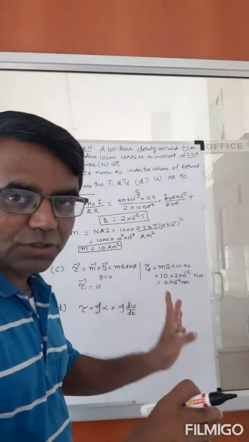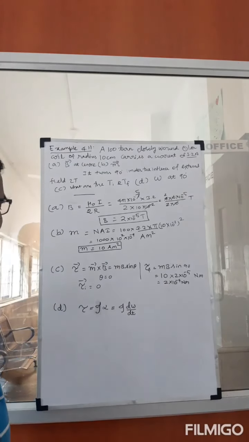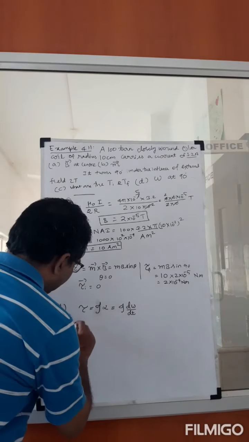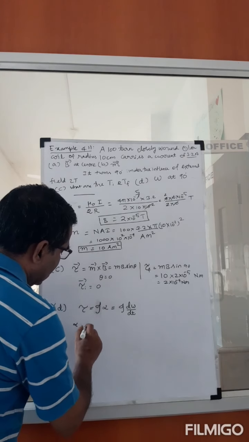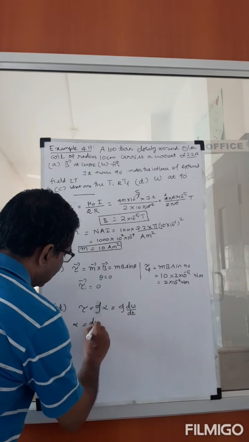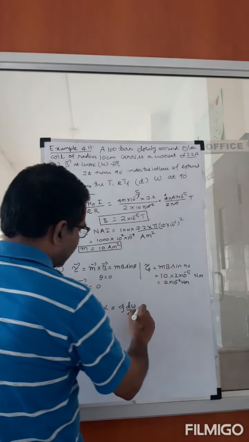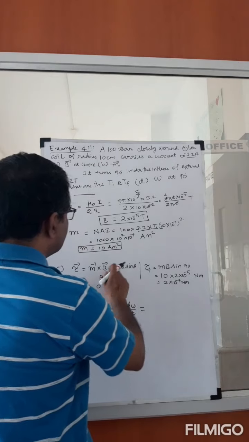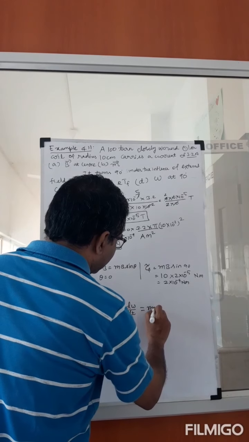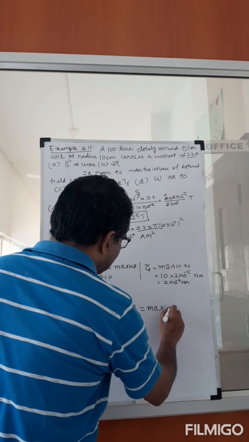We'll try to do some manipulations now. We'll take alpha first. Let's see what we can do with alpha. Alpha is equal to d omega by dt. Even before that, this is equal to mB sine theta, right? mB sine theta.